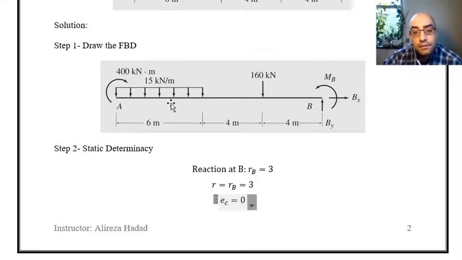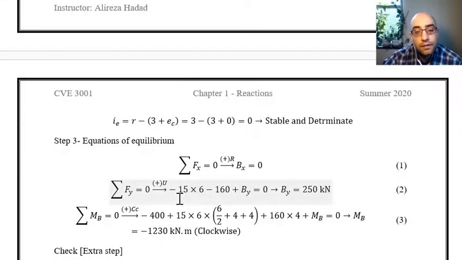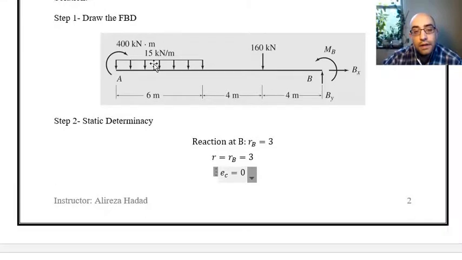Then we have summation of forces in the vertical direction equal to 0. I have to look at all the forces that I have in the vertical direction. I have this uniformly distributed load. As you know, the amount of load under a uniformly distributed load is the area under the load. So that will be 15 multiplied by 6, and that is negative because it is downward, and the positive direction that we assume is upward.